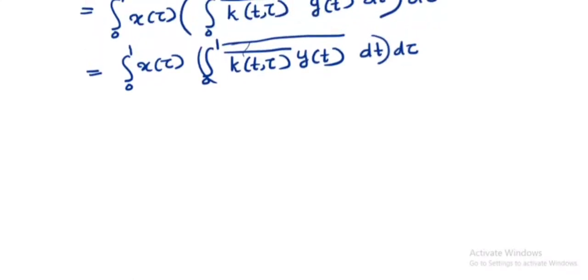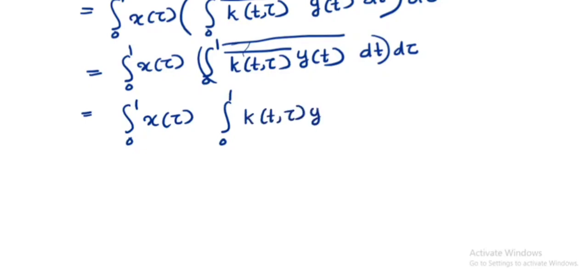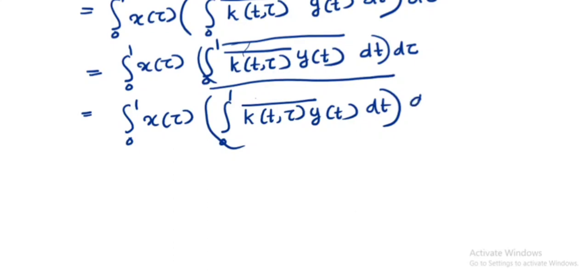And which is equal to the integral from 0 to 1 of x(tau), the integral from 0 to 1 of k(t, tau) y(t), here we have conjugate dt, this you can write as whole conjugate dt.